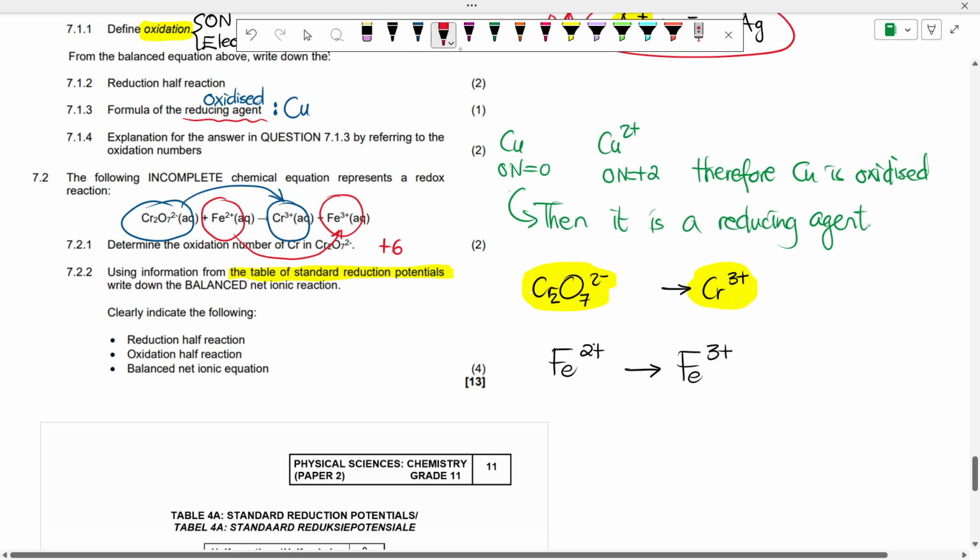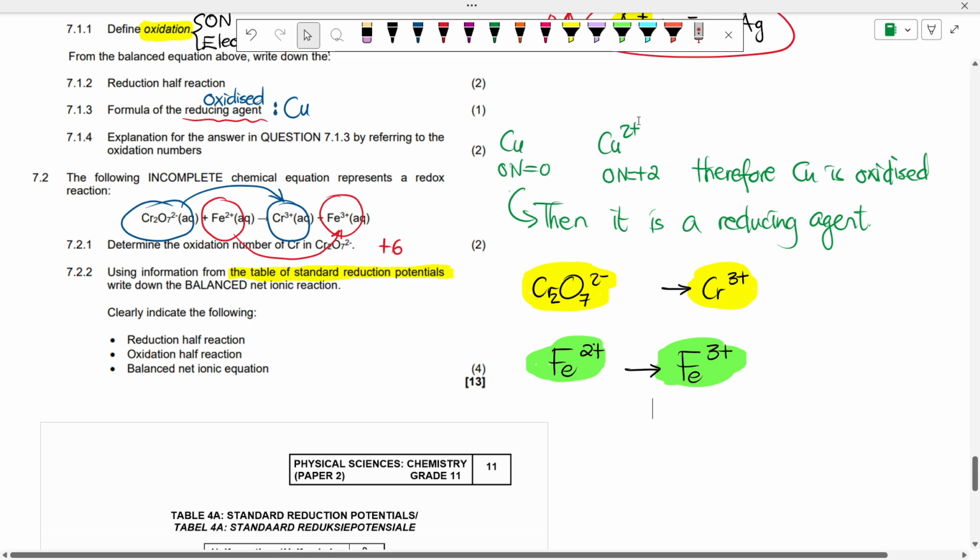And remember, this will be written in terms of reduction, so you expect it to be flipped when you check it. But once again, the key is just to check Fe2 plus on one side and Fe3 plus on the other. That's it.